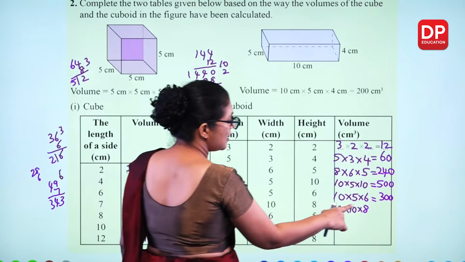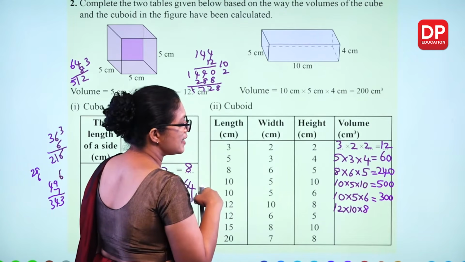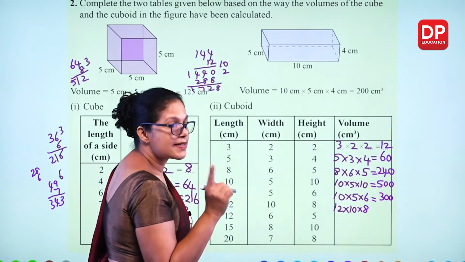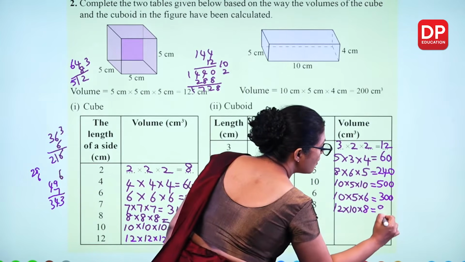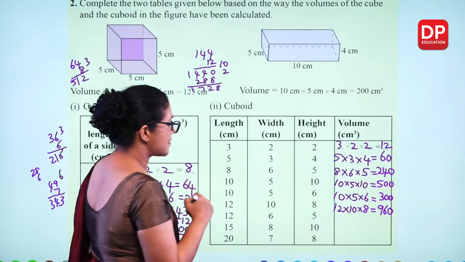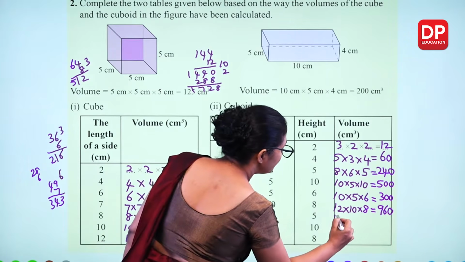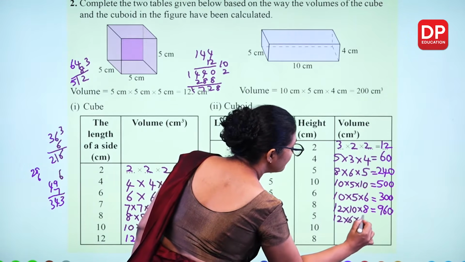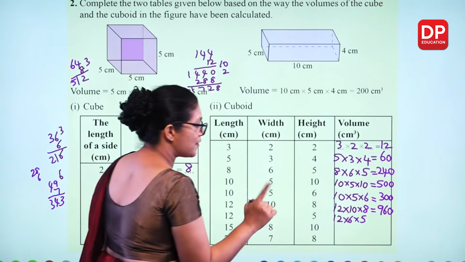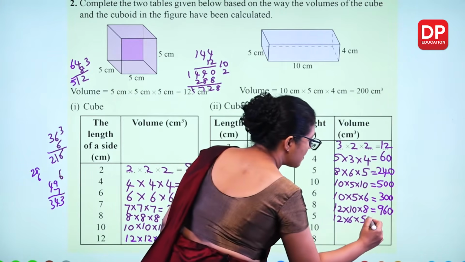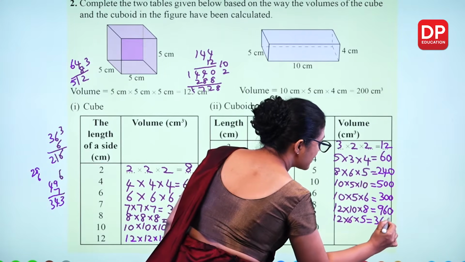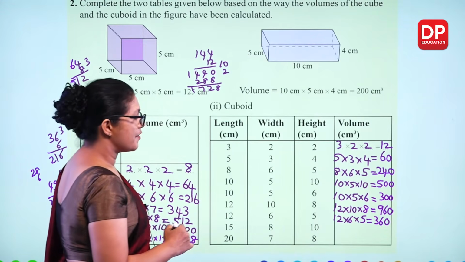So here 12 times 8, 96, and 0, 960. 12 times 6 times 5. 6 times 5, 30. That means multiply by 3, that's 36, and put a 0. 360.